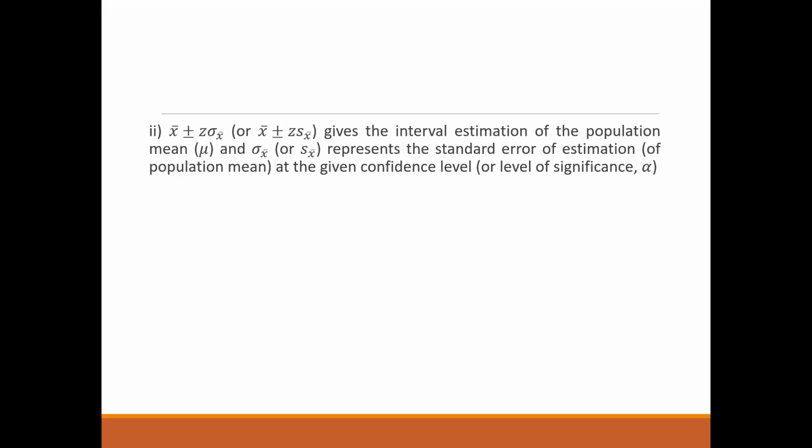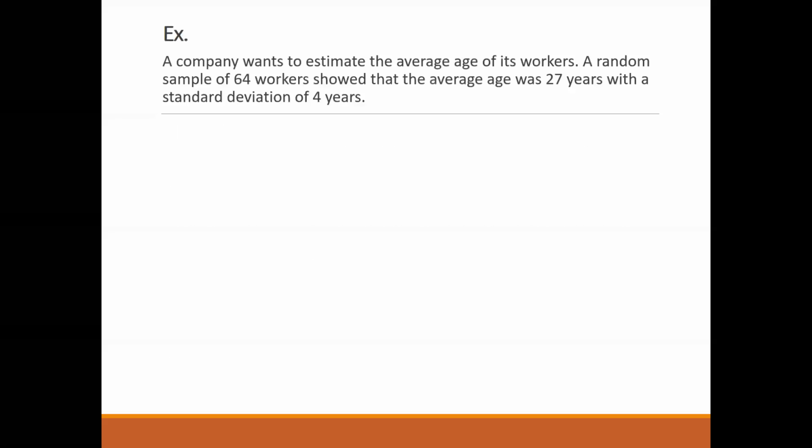Now, quickly, I'll take one small example because we have covered, I think, lots of theoretical things and different formulas and concepts. Let's take one example and we'll solve this. We have a company which wants to estimate the average age of its workers.